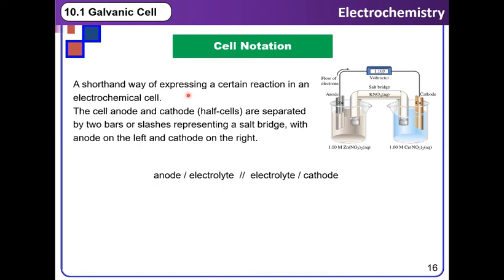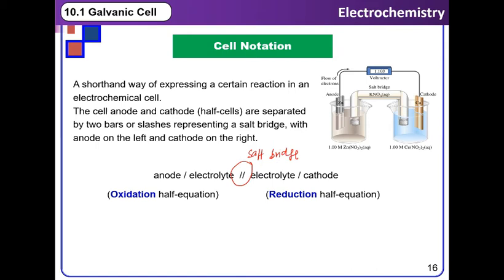Okay, kita tengok macam mana cara kita nak tulis cell notation. The cells of anode and cathode are separated by the two bars, ataupun kita kata two slash kat sini. So slash di sini means salt bridge. At the left side is anode, at the right side is cathode.